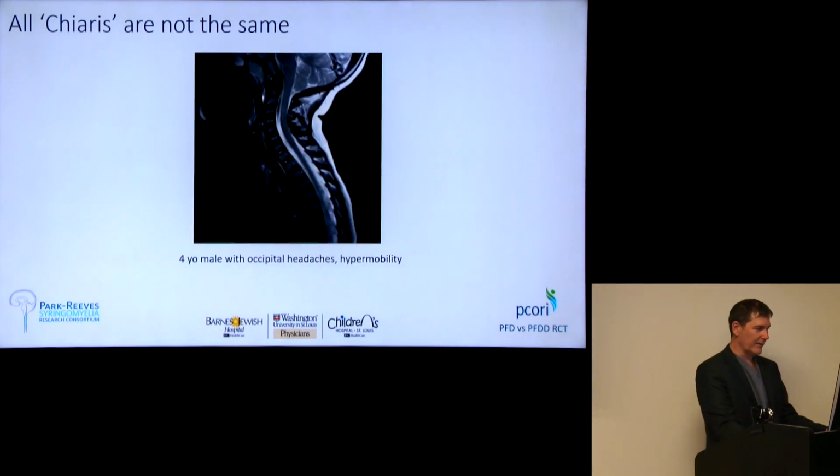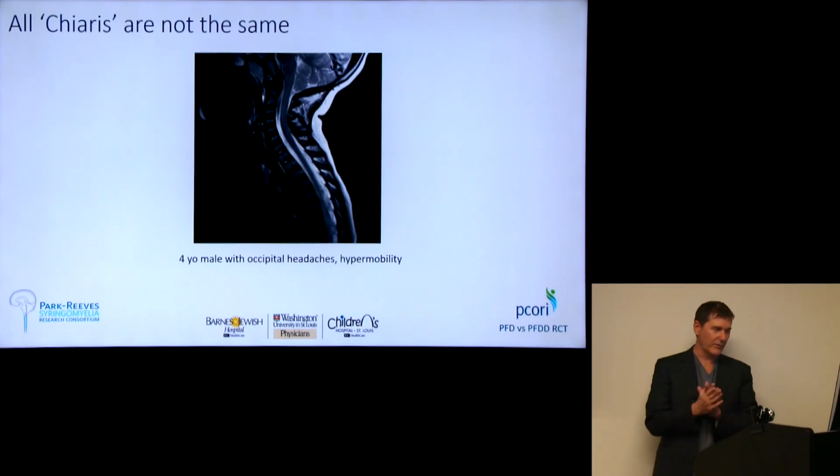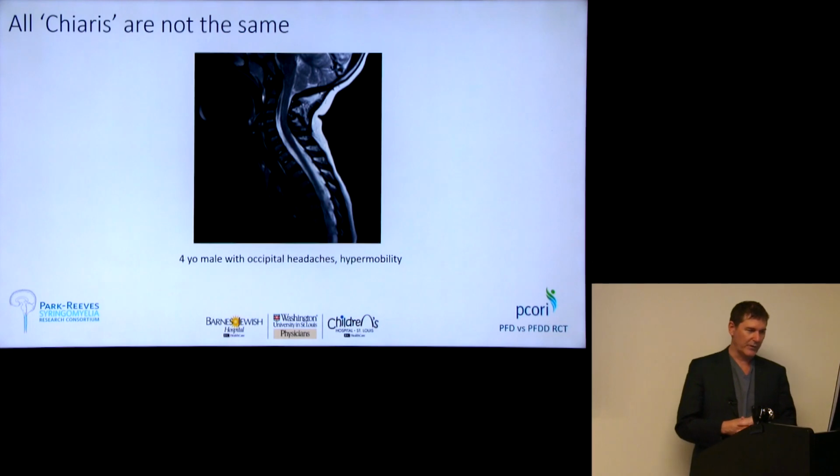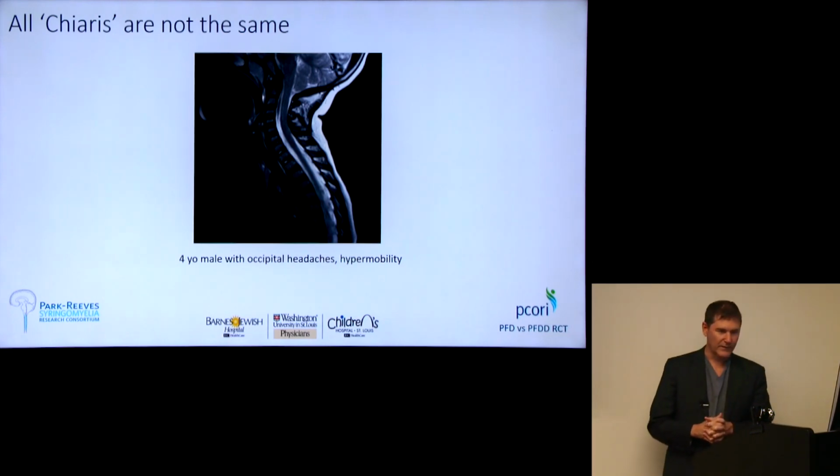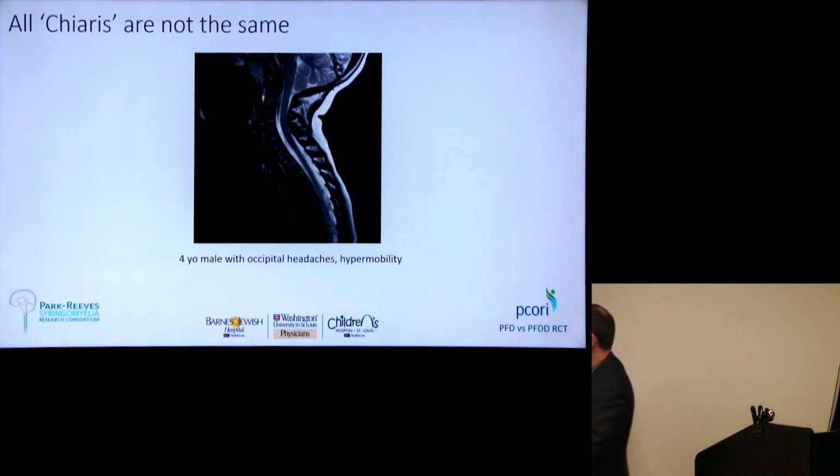So contrast that with this child who is a 4-year-old male with occipital headaches, but hypermobility as well. And so what I'd like to show you is that the tonsillar anatomy does have a different appearance here.